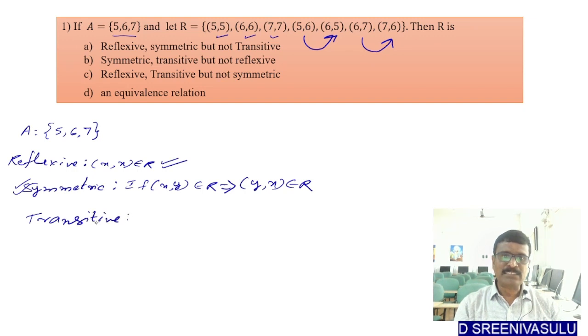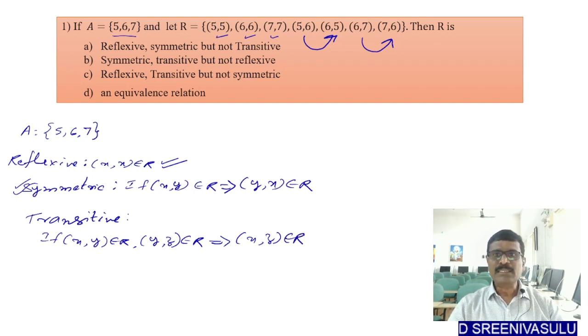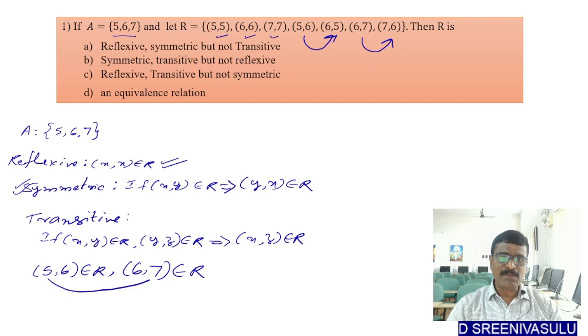What is the definition of transitive? If (x, y) belongs to R and (y, z) belongs to R, then (x, z) also belongs to R, where x, y, z belong to A. Here clearly observe that (5, 6) belongs to R, (6, 7) also belongs to R. Then what about (5, 7)? Does it belong to R or not?